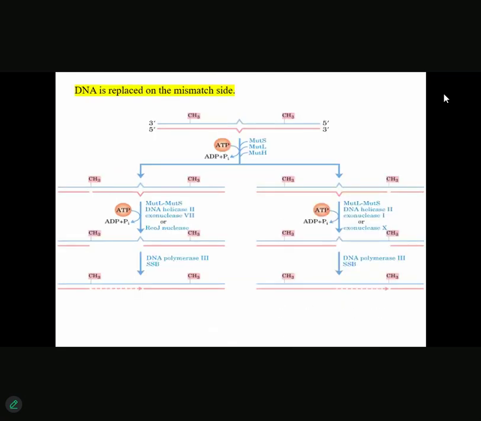And once it puts a break in it, it then chews up the DNA until we get to the bad base. Then we bring in the polymerases again, and I'm not going to bother talking about which is which. We bring in the polymerases and fill in the gap, hopefully doing it correctly. Now, it can happen on either side. It's going to do this to the nearest methyl adenosine, which again is only maybe once every 1,000 bases.